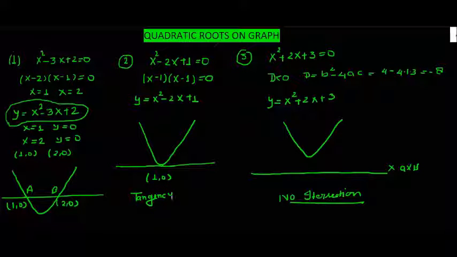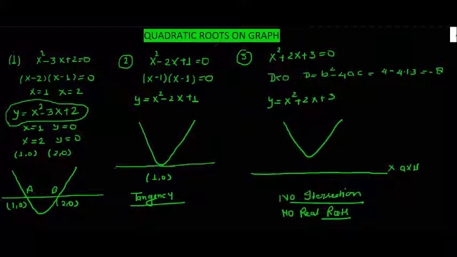And this is the system when there is no real roots. No intersection means there is no real roots. Roots are imaginary, and imaginary things cannot occur on a real axis. Okay, thanks. This is basic all about the roots on the graph.